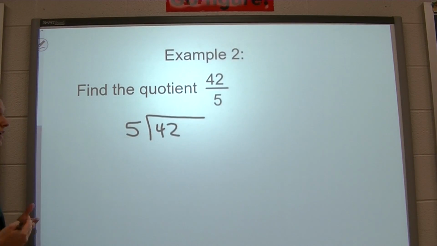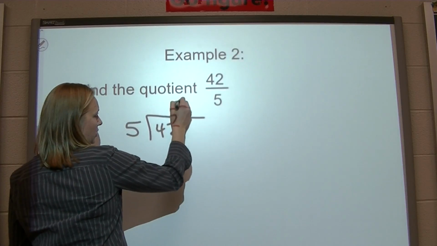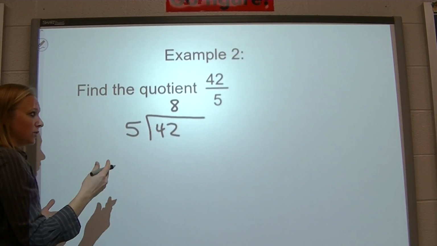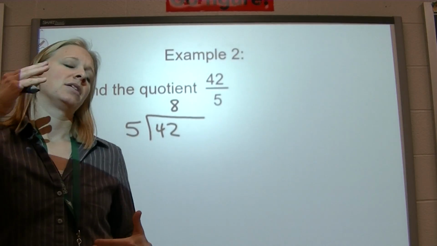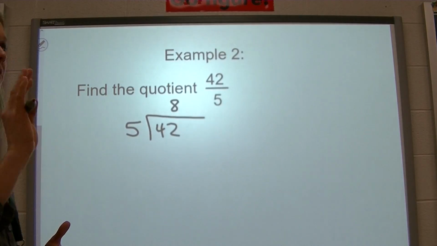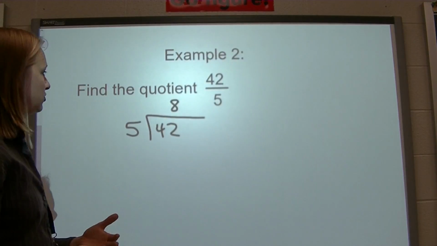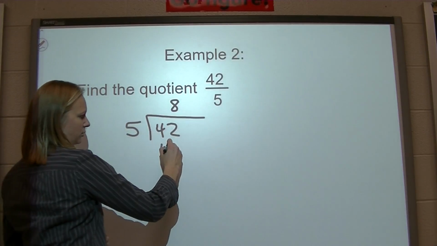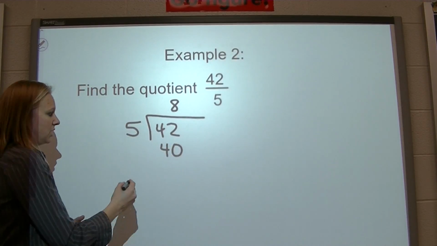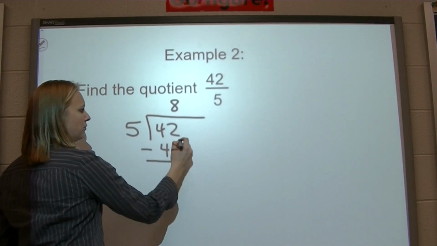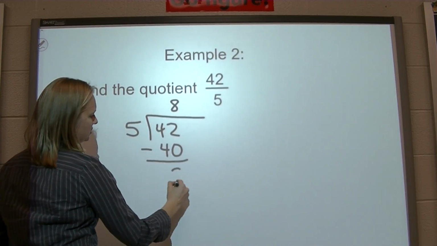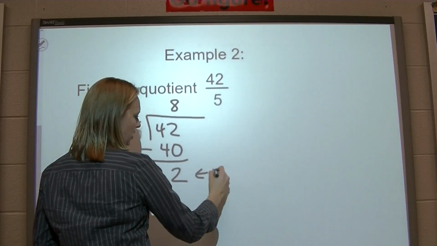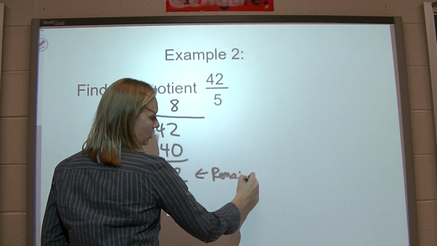Well, I already said 5 times 8 is 40, so I know 8 works, but 5 times 9 is 45, which is too much. So we have to do 8. 5 times 8 is 40, so we put that number here. And then again, we subtract. 42 minus 40 is 2. So in this case, we have a remainder of 2.